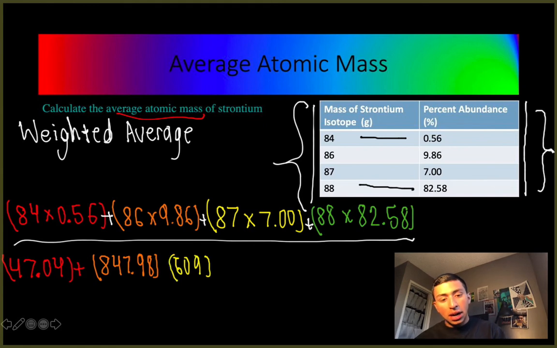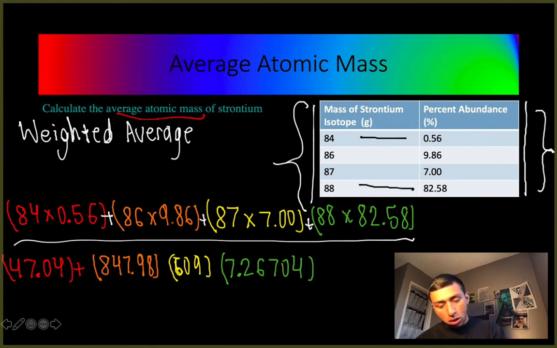This is 609 right here. So these are the 4 different products for these 4 different multiplication sets.